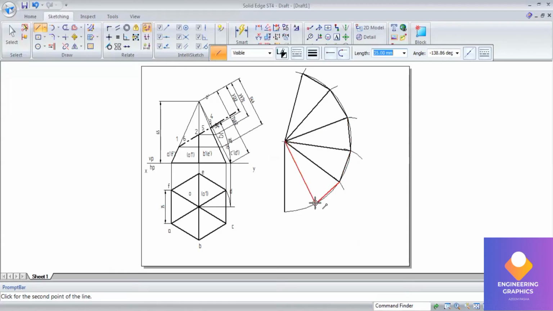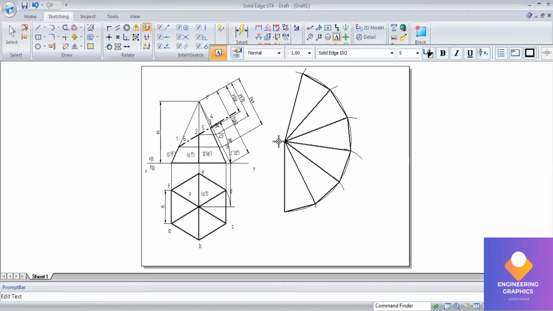Draw the base edges. Now we can give the naming here. We write capital A, in capital letters.